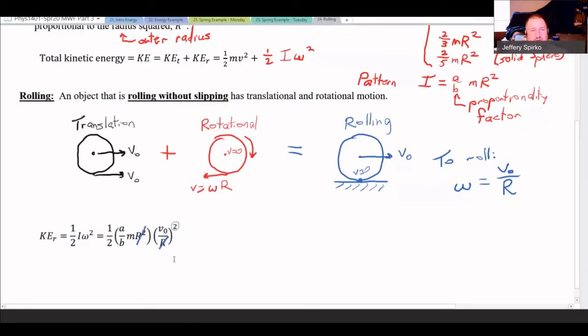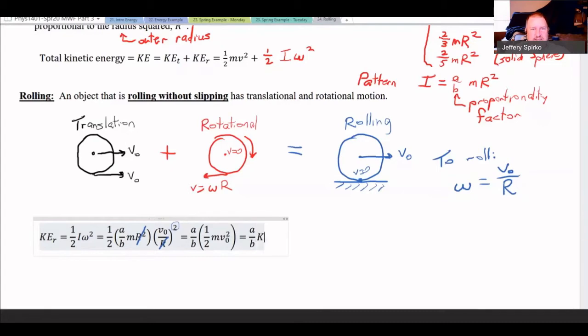And this whole thing turns into A over B times 1/2 m V naught squared, which, by the way, is just A over B times the kinetic energy of translation.